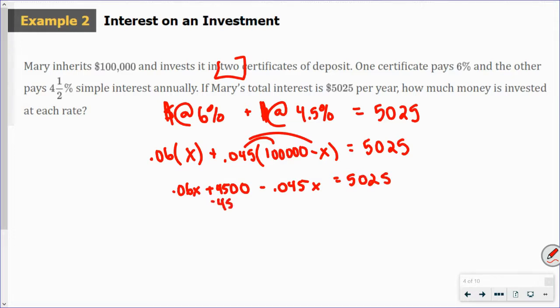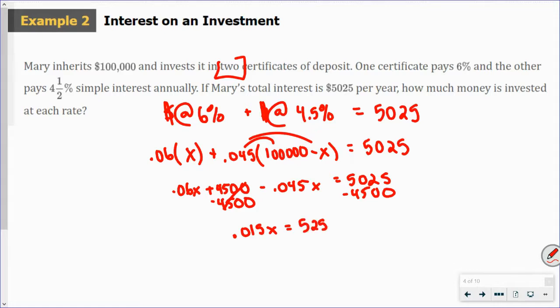Subtract 4,500 and combine like terms. So 0.06 minus 0.045. So that part canceled. Here you get 0.015x equals 5025 minus 4,500 is 525.